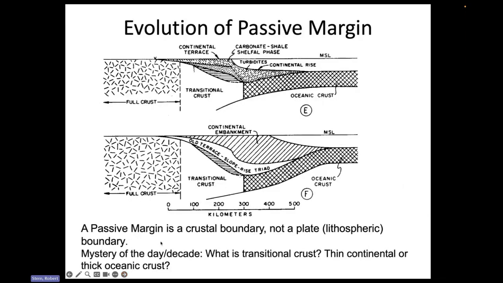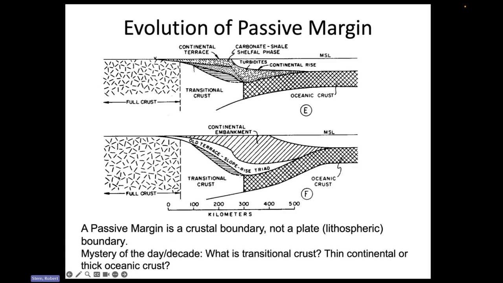So what we get is the evolution of this passive margin as this region, which was originally the rift, sinks or subsides. And so this asymmetric basin sort of evolves like this. Now, because it's deeply buried, what this transitional crust is is a particularly interesting scientific question, right?